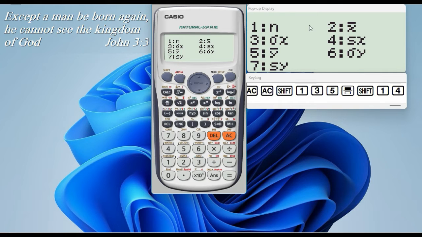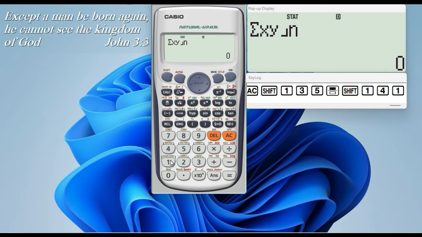Now sigma fx over n is giving you the mean. So this is the mean for that data we have keyed inside. So sigma fx over n, and you can confirm that by picking the same process, shift 1, then you go to variable.